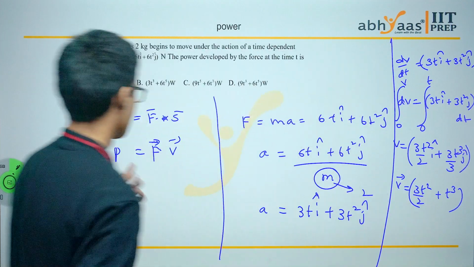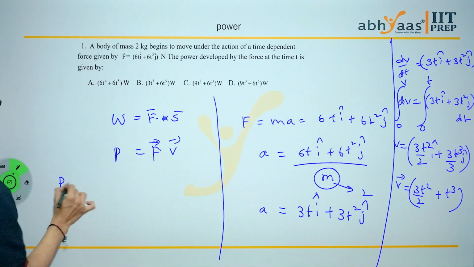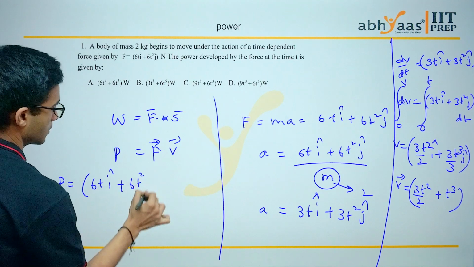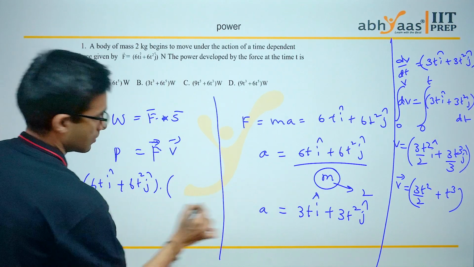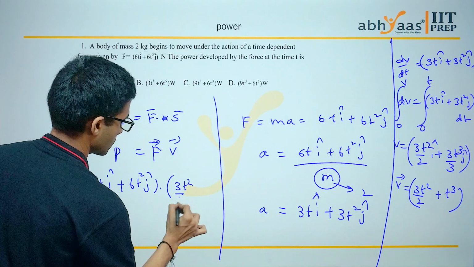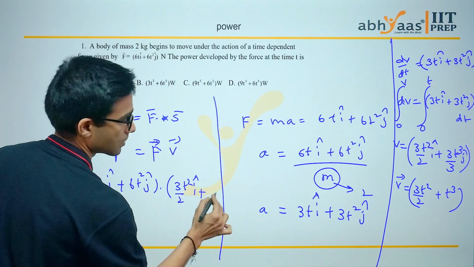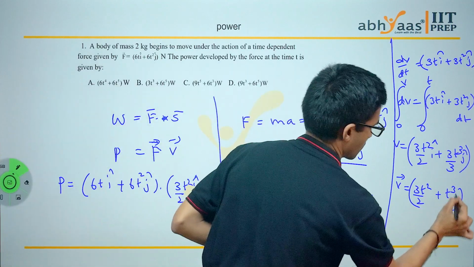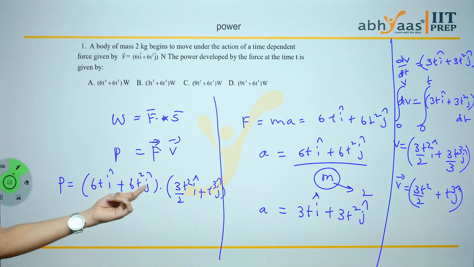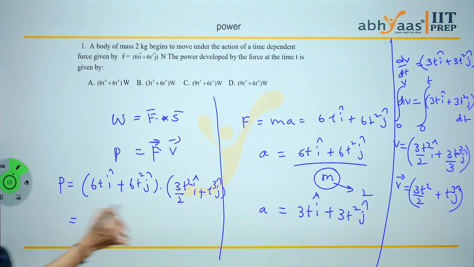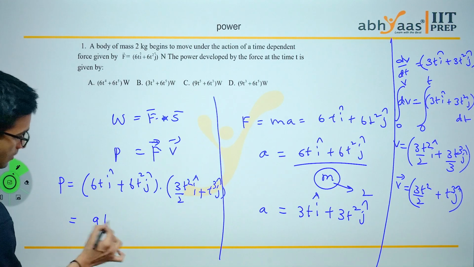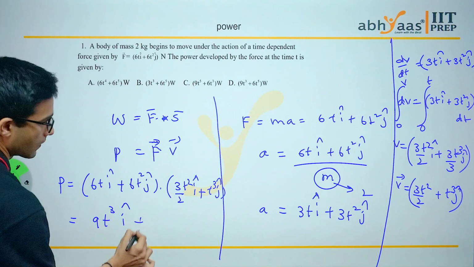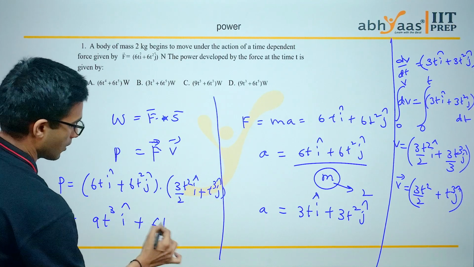What we want is force dotted with velocity, that is P is equal to 60 i cap plus 60 square j cap dot 3t square by 2 i cap plus t cube j cap. So 60 into 3 is 180 by 2, that is 90 t into t square, that is t cube, plus 60 t power of 5.